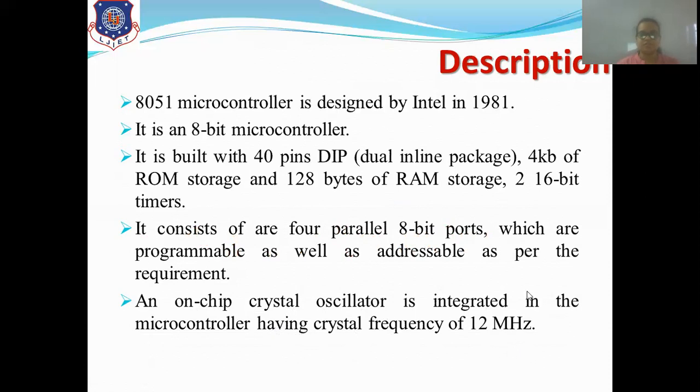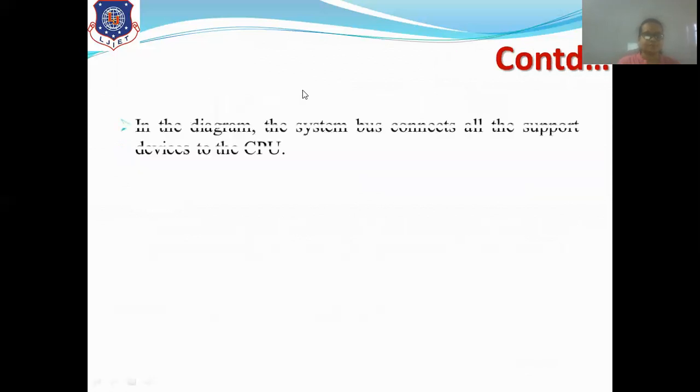So the processor we are using for the 8051 microcontroller works on a crystal frequency of 12 megahertz, whereas the crystal frequency we discussed for 8085 was 3 megahertz, and here it is 12 megahertz for the 8051 microcontroller.